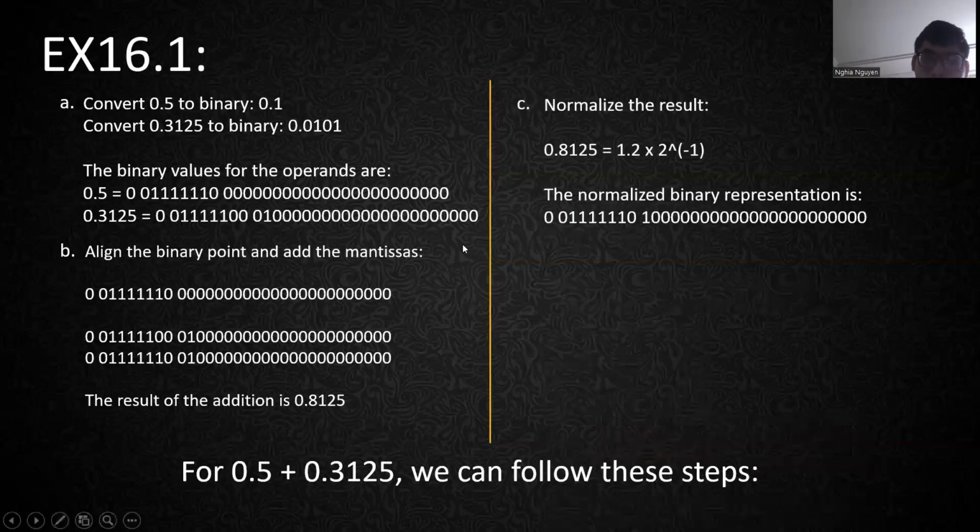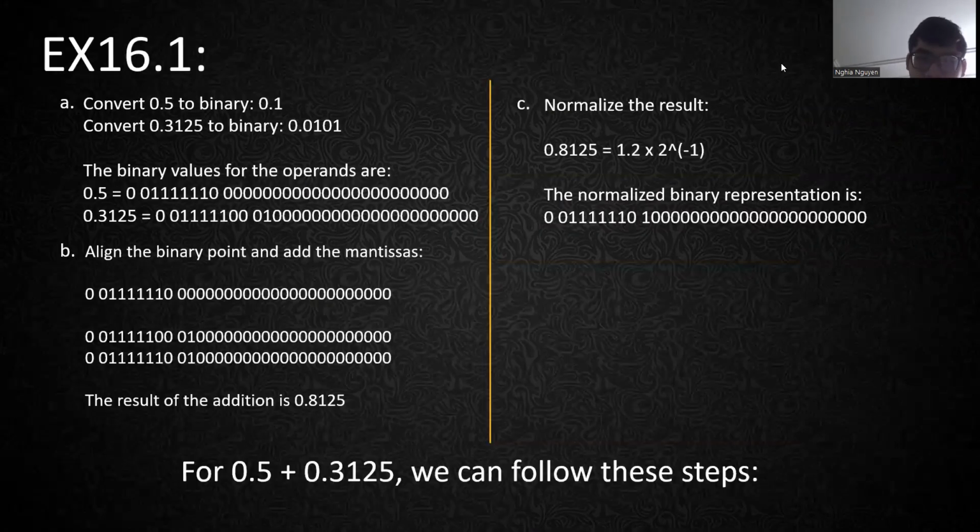Let me see. Normalize the result: 0.8125 is the same as 1.625 multiplied by 2 to the power of minus 1.